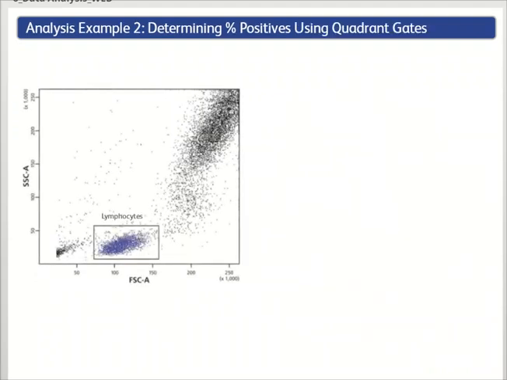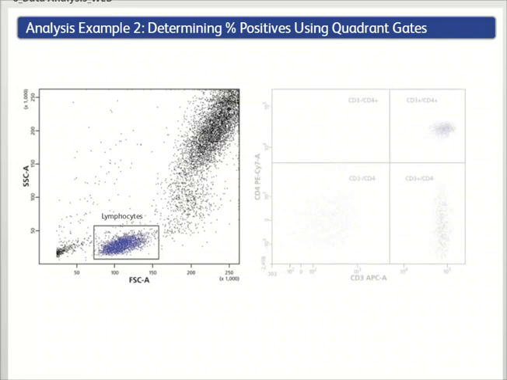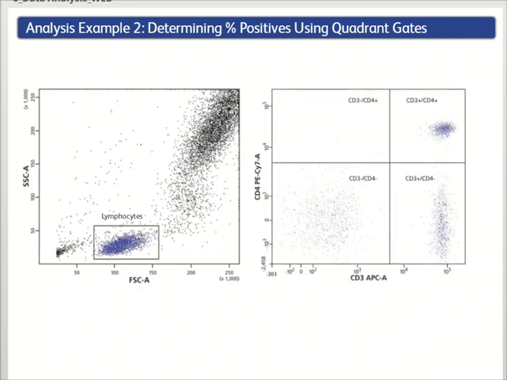Another way to analyze data is to study a specific population and the subsets of that population. In this example, a gate was created to identify lymphocytes in the FSC versus SSC plot. In a plot displaying only lymphocyte events, quadrant gates were created to identify subsets.